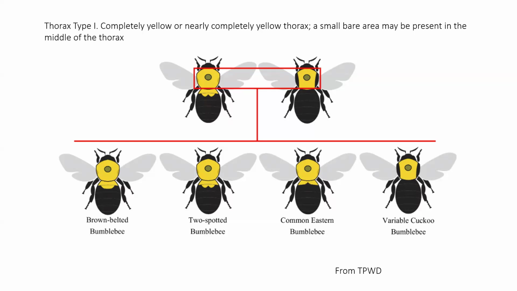If you see that, then you look at the markings on the abdomen, and you're either going to get a brown belted bumblebee, a two-spotted bumblebee, or a common eastern bumblebee. If you have a mostly yellow thorax with just some black on the edges, then you're usually going to have an all black abdomen, and that is going to be the variable cuckoo bumblebee.